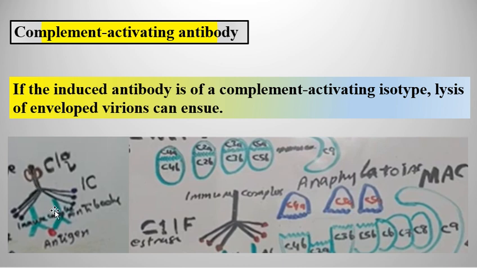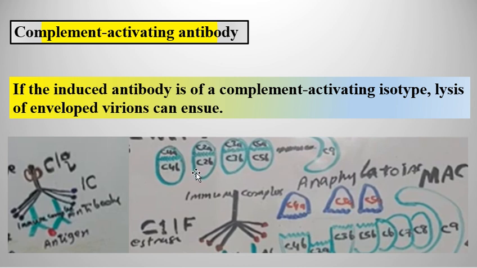C1q binds to the immune complex, and binding of C1q with the immune complex activates C4 and C2. Then the big fragments, C4b and C2b, act as an enzyme known as C3 convertase, and this acts on C3 and cleaves it into C3a and C3b.